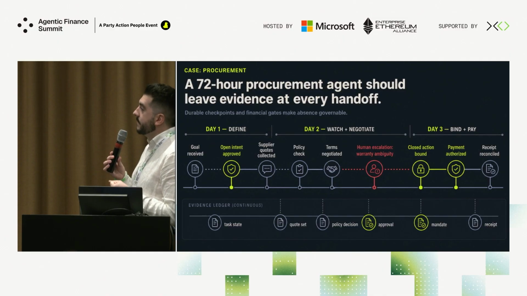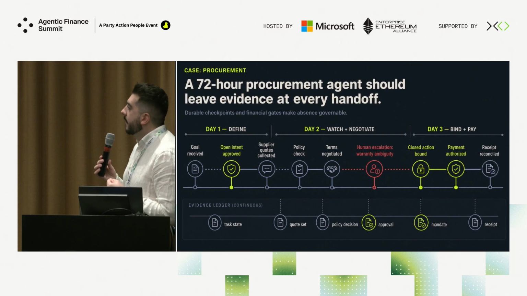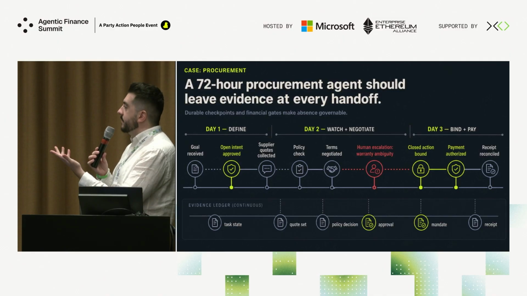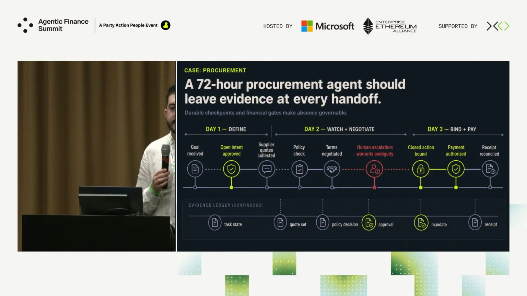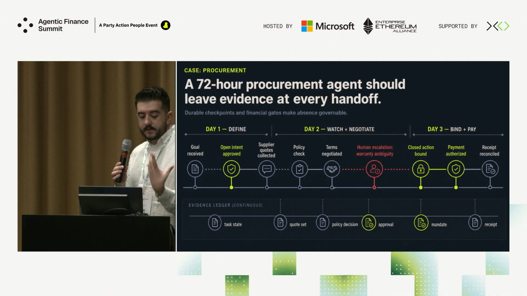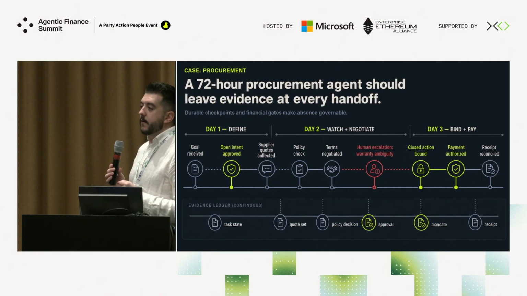It can be decisions, documents, policy checks, tool call outputs, inputs, maybe memory. I think this also shows how the context is evolving over time in a specific procurement agent in finance. Of course, the second timeline is pretty important too, because it's a continuous ledger that will keep all the evidence in a specific finance agent.